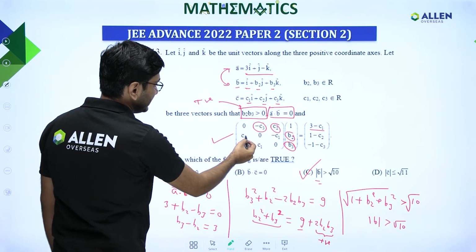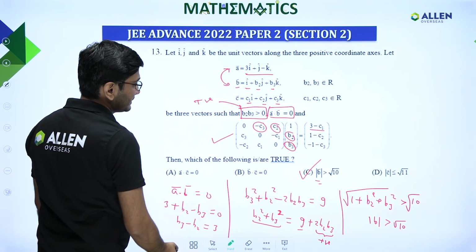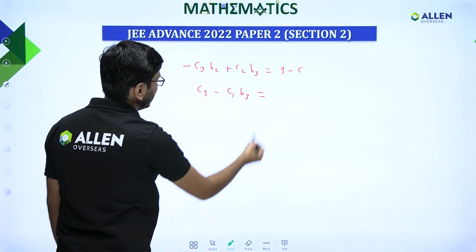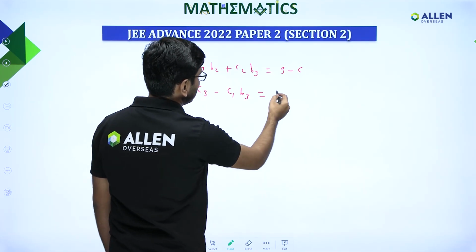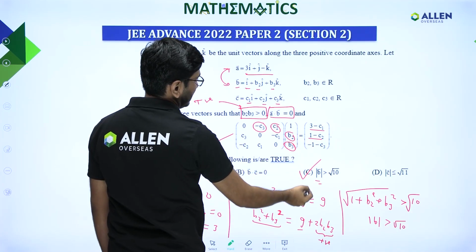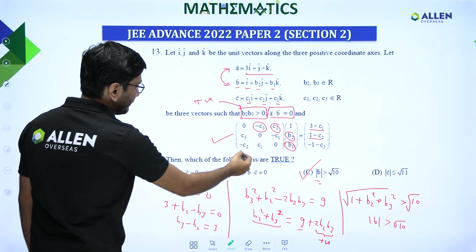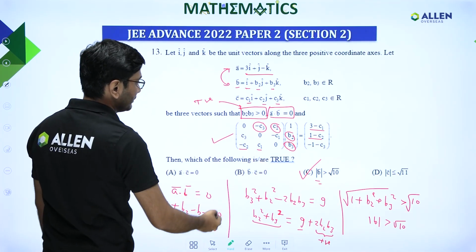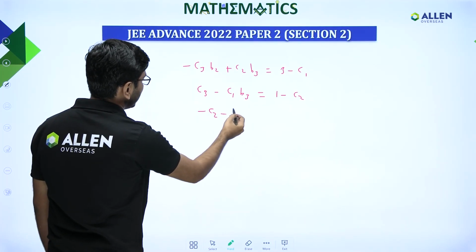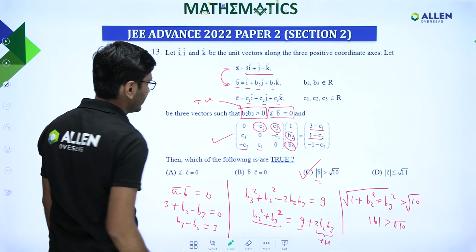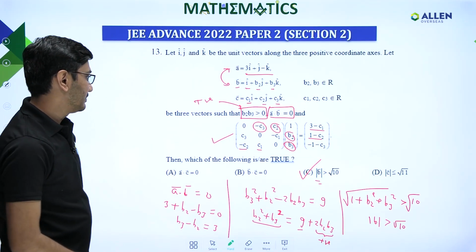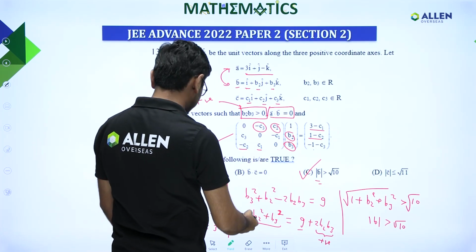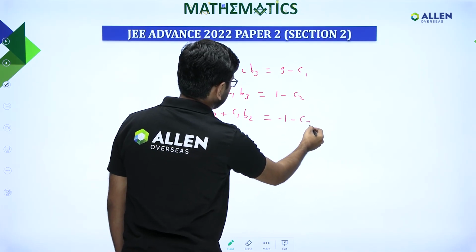Then c3 minus c1 b3 will be equal to definitely this 1 minus c2. Then finally minus c2 and then c1 b2. So, minus c2 plus c1 b2 you will get equal to this minus 1 minus c3.